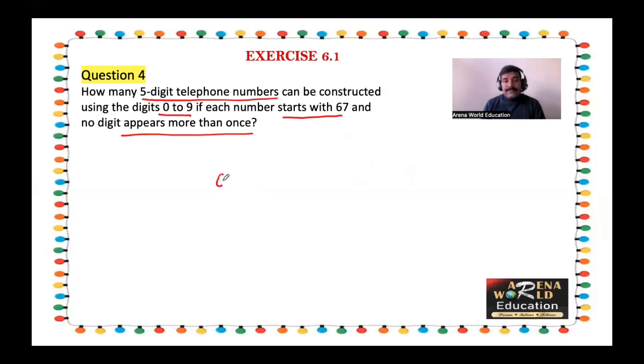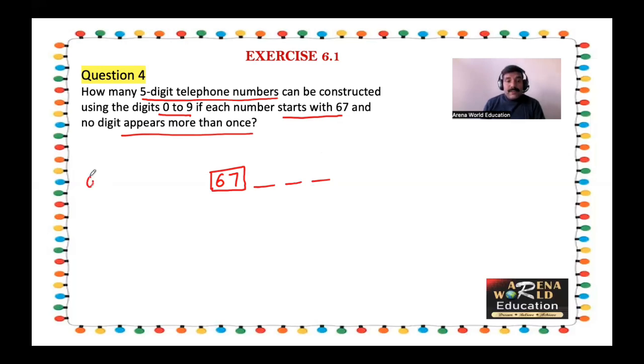So now we want to make 5-digit number. So already 2 digits are given, right? So we want to fill only 3 remaining places, right? So first restriction is number starts with 67, right? So next one is what? No digit appears more than once.